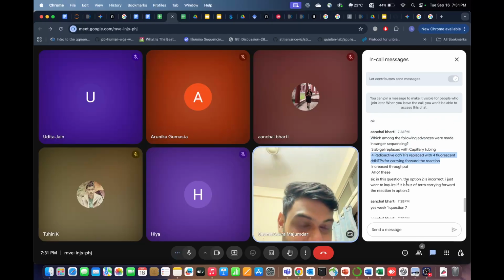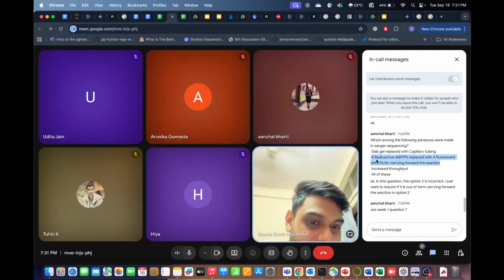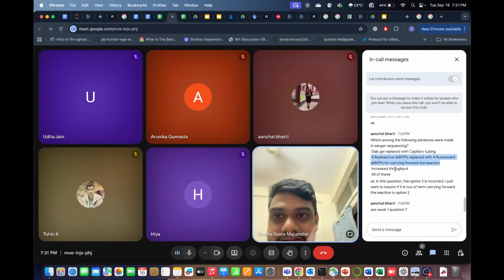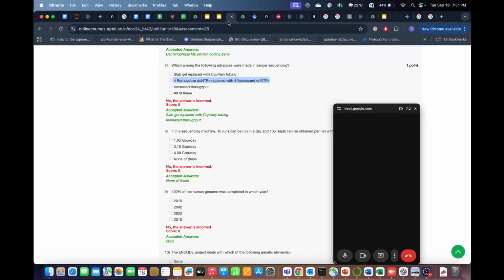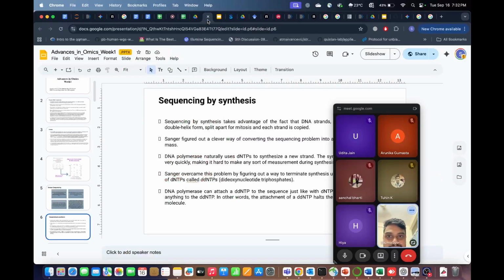I'm not very sure about this, because I also think the second option is correct, because the main part of Sanger sequencing is that you have these fluorescent ddNTPs that give out signals while they attach, and then you can capture that signal to see what the read is at that position, right?